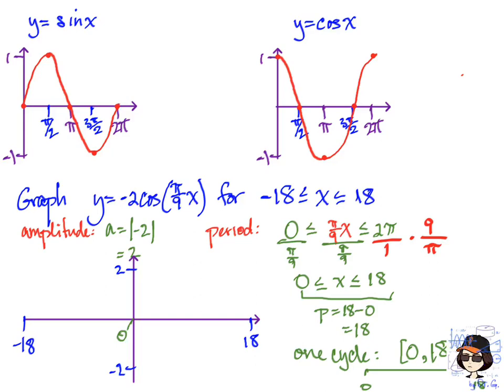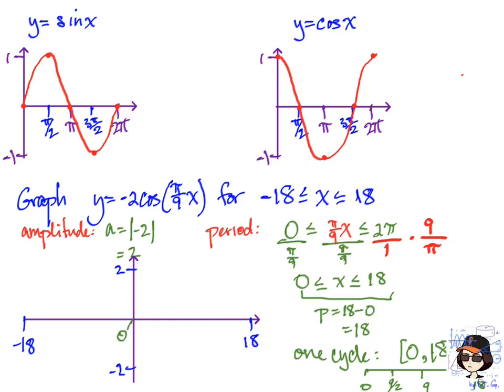So the midpoint between 0 and 18 is 9. That's halfway. To get the midpoint between 0 and 9, we just add 0 plus 9, divide by 2. So that's 4.5, or 9 over 2. We don't use mixed numbers in college math. I don't know why people use them in high school, but just leave it as 9 over 2.